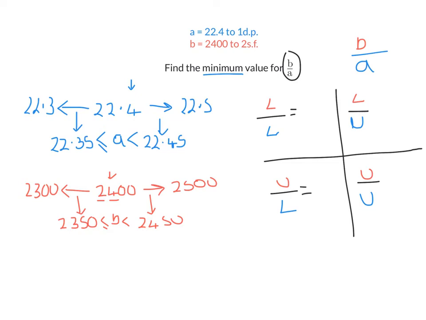And then I want the minimum value, so I'm just going to pick the lowest one. So rather than having a guess, rather than trying to memorise anything, I'm doing it in a logical way.